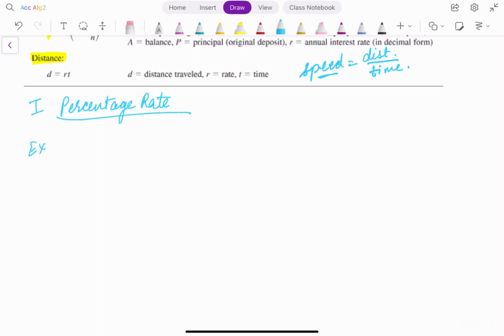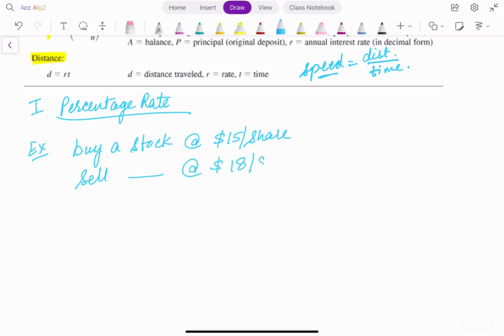In these types of problems, let's take for example, if you want to buy a stock that is at the rate of $15 per share, that means the price of one share is $15, and the selling price of the same stock could be $18 per share, and we want to know what will be the percentage increase in the stock value.